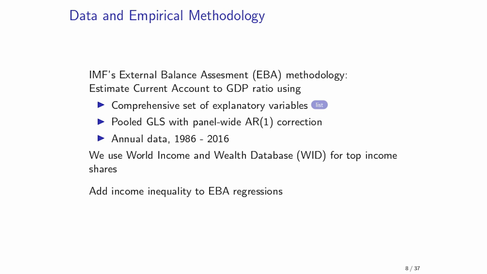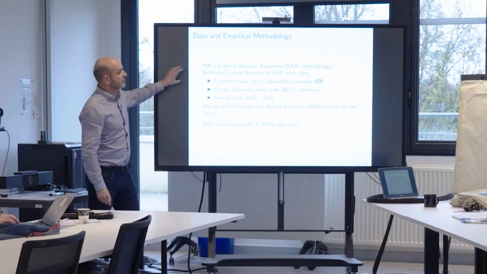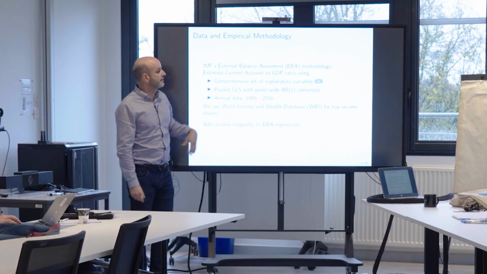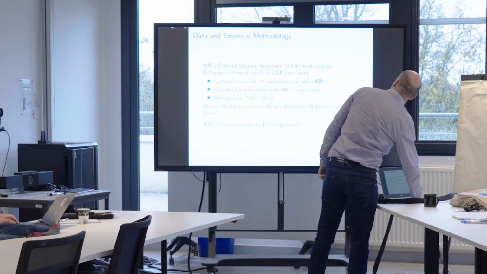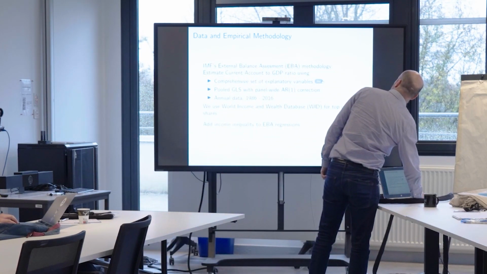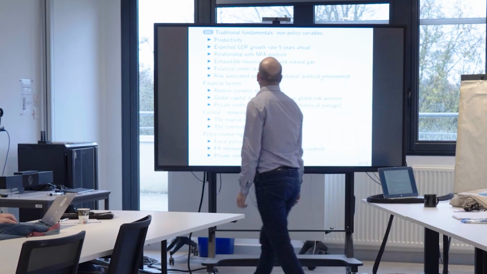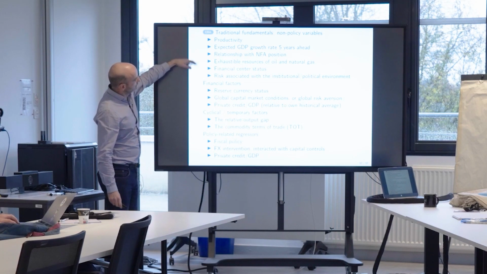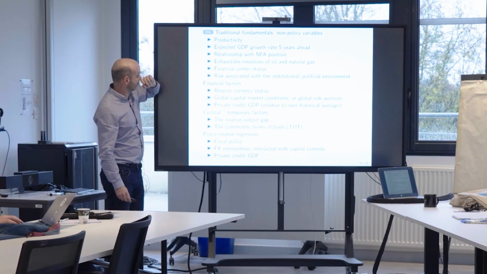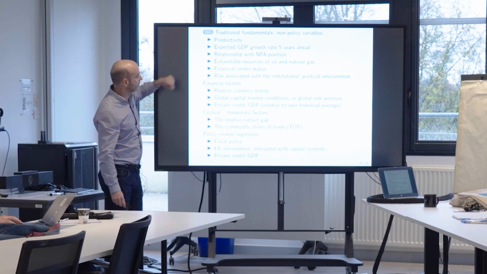And they have a quite long list of explanatory variables that can explain the current account. To give you an idea of what's in this list, we have all the traditional ones: productivity, GDP growth, a lot of stuff, financial countries, non-financial countries.